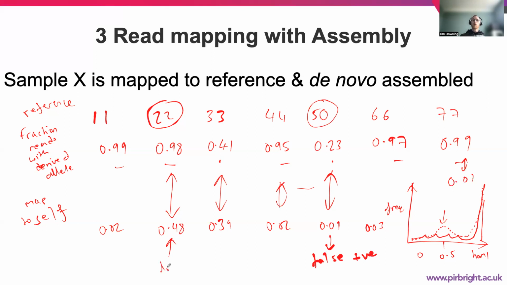So this might be a low frequency variant or just a heterozygous variant here, where there's a mix of alleles. Let's say there's a mix of A and T alleles, but that hasn't been detected when mapping to the reference. That can still happen sometimes. So you need to explore what's going on here.